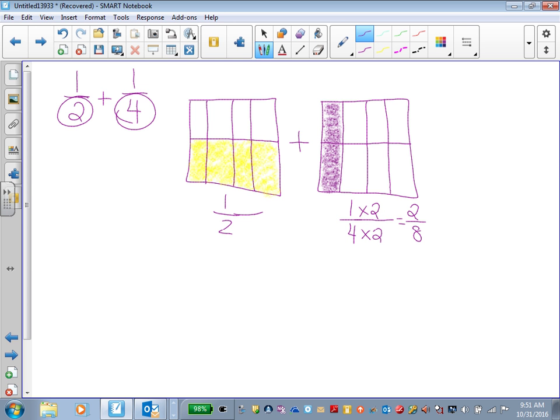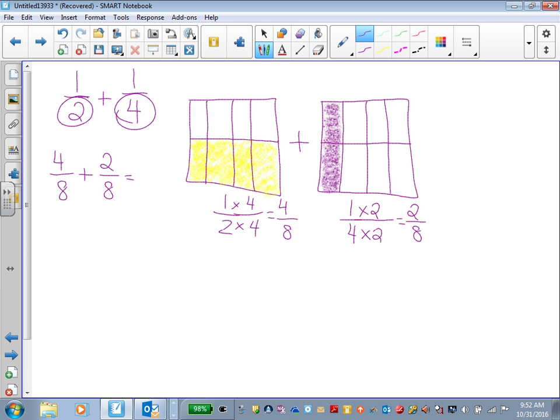How many vertical sections do I have? 4. And so 1 times 4 is? 4. And 2 times 4 is? 8. So our new fractions are 4/8 plus 2/8.